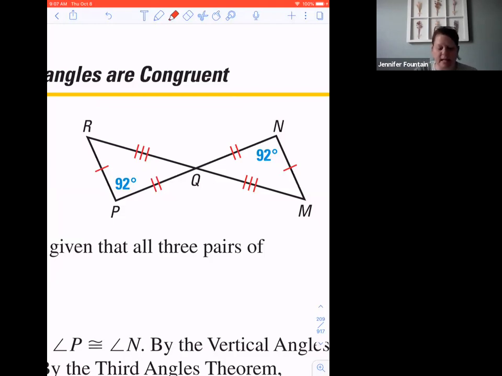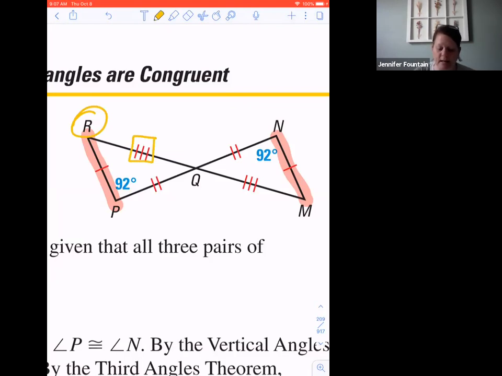Okay, so I can see that I have RP is congruent to MN. Okay, so I see that those are congruent. Notice that when I started saying that, I said R first, which was next to my side that had 3 hash marks.